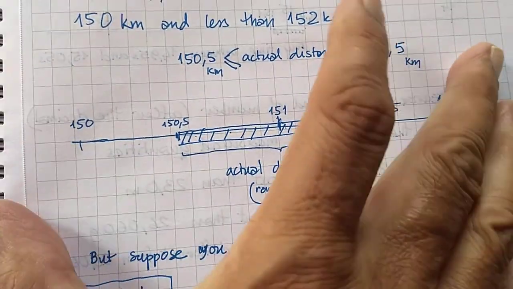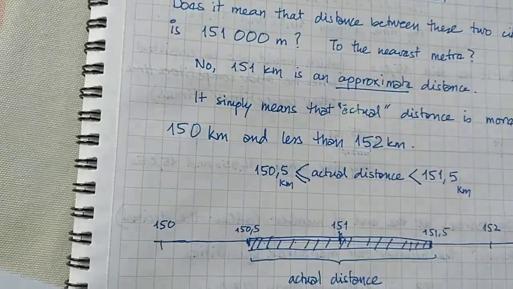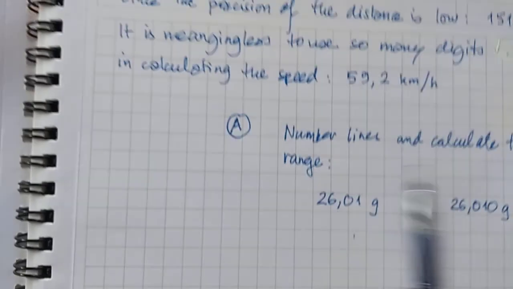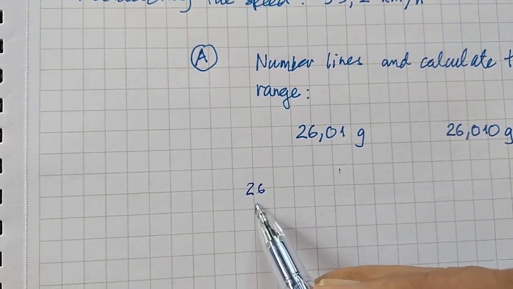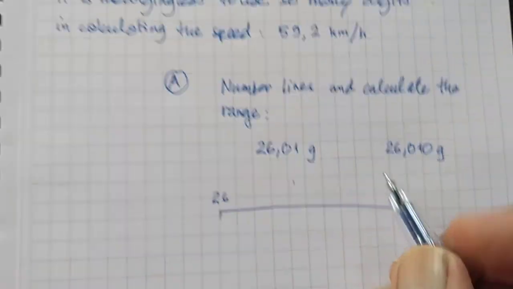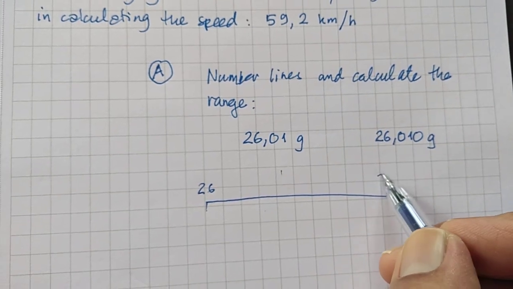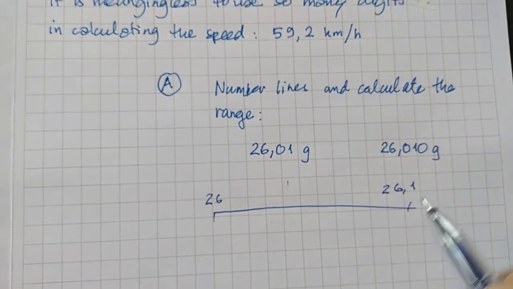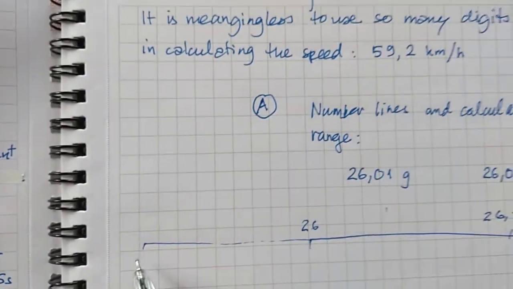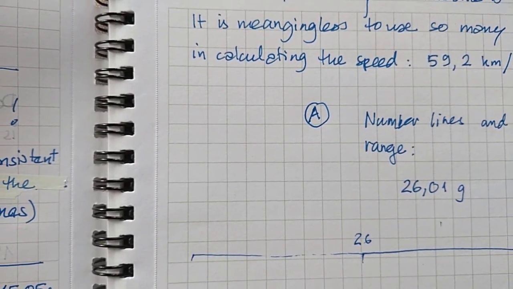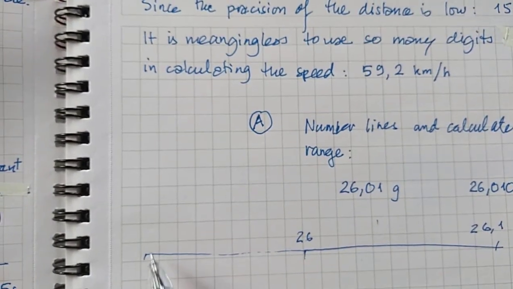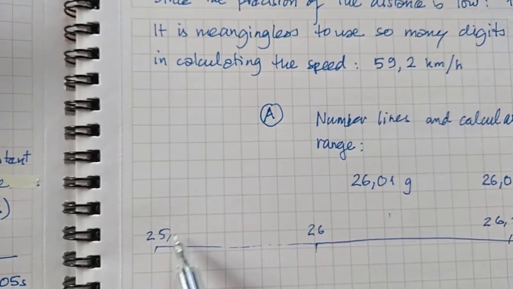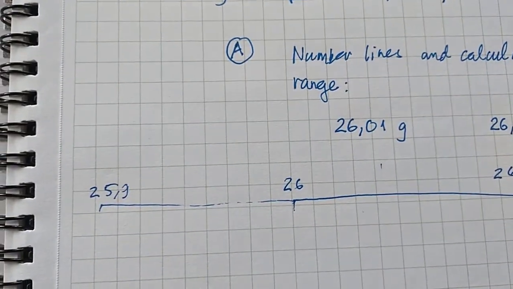You can of course expand this because I'm already using decimals here, 26.01. So you can actually draw something like this, 26, and here 26.1, and here 25.9, and you can do it that way.